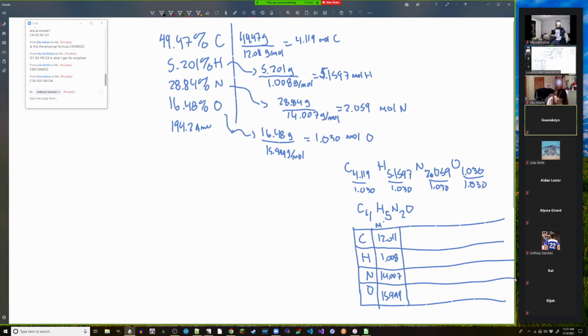Gwen, I think it's a little big. I think that's twice what it ought to be. I had 4 carbons, 5 hydrogens, 2 nitrogens, 1 oxygen.